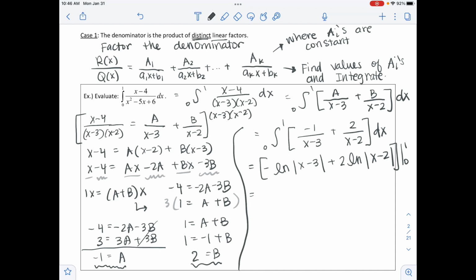First thing I'm going to do is substitute in 1. So I get negative ln of the absolute value of 1 minus 3, which is negative 2, plus 2 times the natural log of 1 minus 2, which is negative 1, minus, and then I'm going to substitute in 0, so I have negative ln of the absolute value of negative 3, plus 2 ln of the absolute value of negative 2.